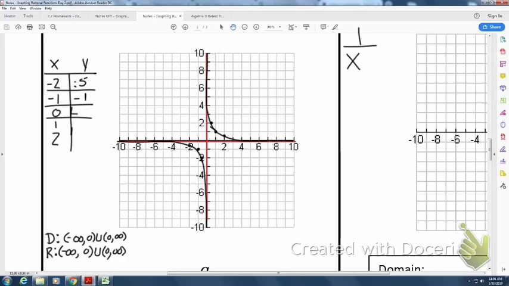Why? Because that's where the what is? The vertical asymptote. And then I've got 1, +1, 2, +1/2. All right. Questions on graphing that? Okay.